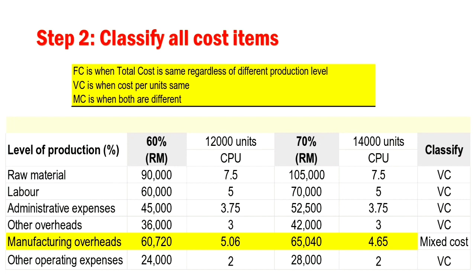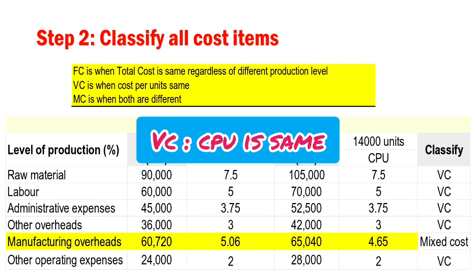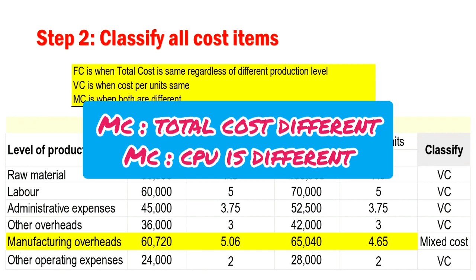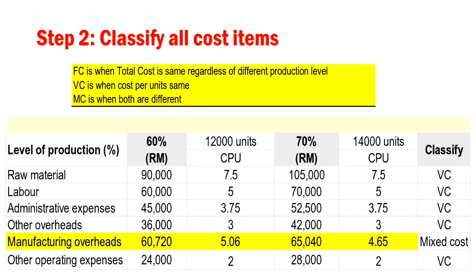For variable cost, the characteristic is that cost per unit is the same. However, mixed cost is a mix between fixed cost and variable cost. Total cost is different, and cost per unit is also different. So in order to classify the cost, we have to calculate cost per unit.